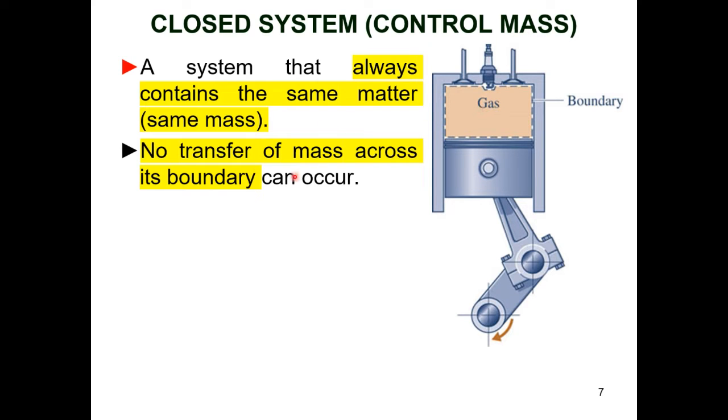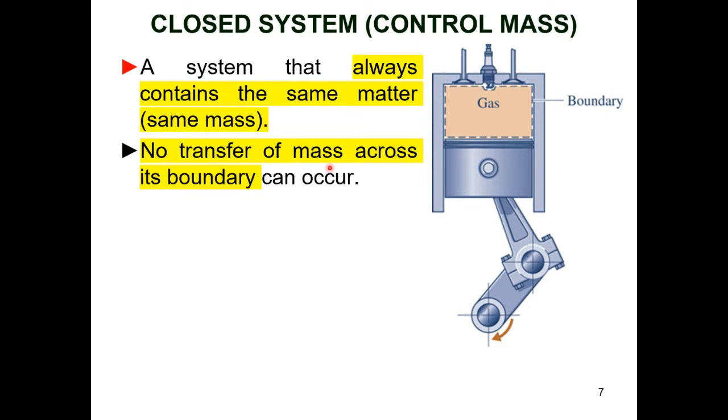So no transfer of mass across this boundary can occur. Meaning, if you want to investigate a closed system, the particles or the molecules inside must be the same. It cannot be increasing or decreasing.